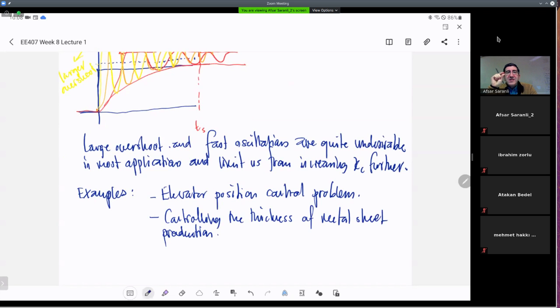So a steady state error would have the thickness in the vicinity of the desired value, but with a small error. But overshoot and oscillations would mean that the thickness is not consistent. It's going to have bumps and valleys in the production. So that is much more undesirable as compared to a small error in the thickness. Okay?